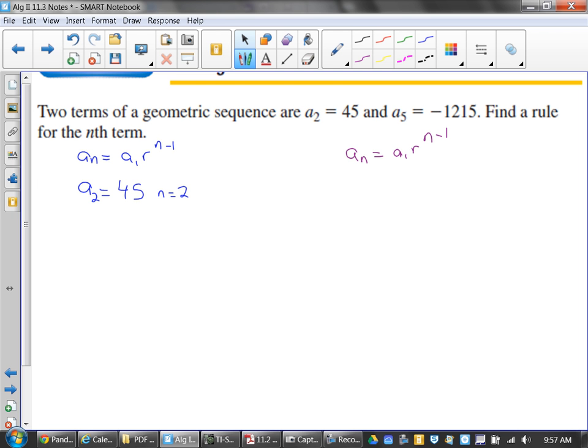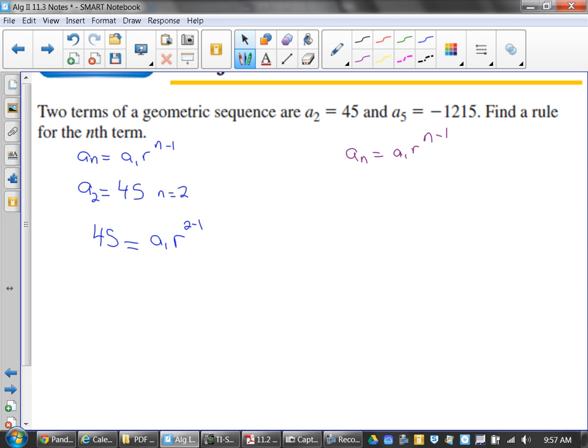So what I'm going to do here is substitute these values into the generic equation and leave it as that. So the nth term here is 45. That has to equal the first term times the rate to the 2 minus 1. Is everybody okay with that?